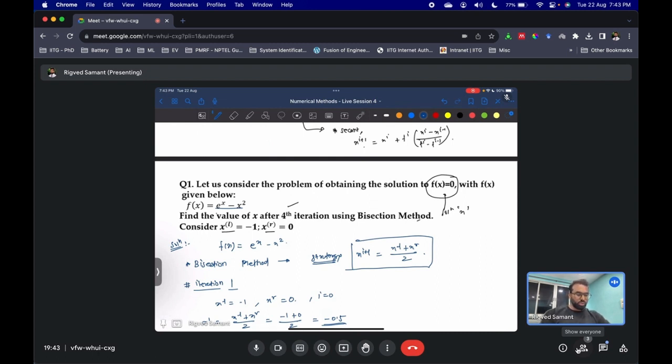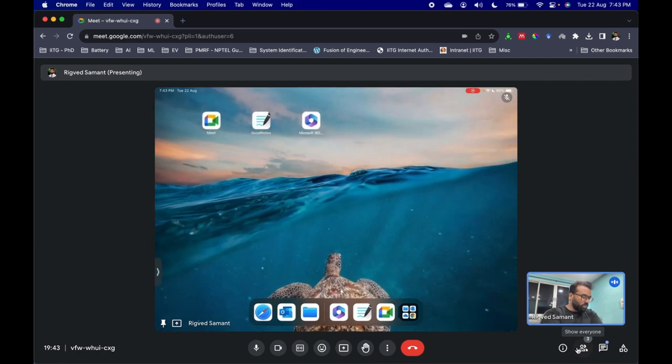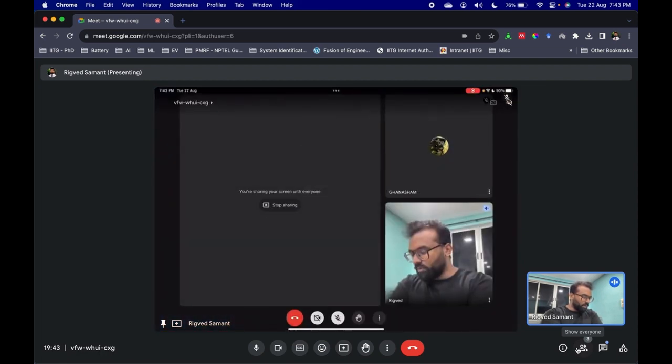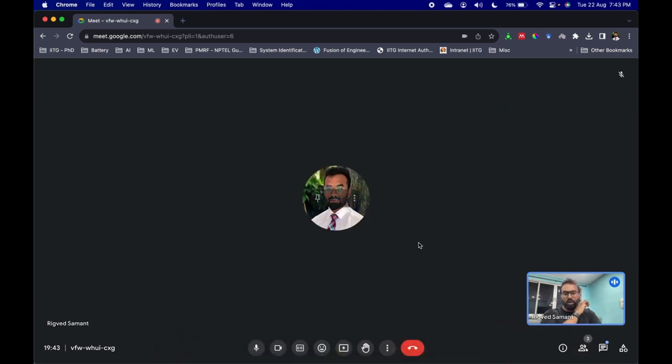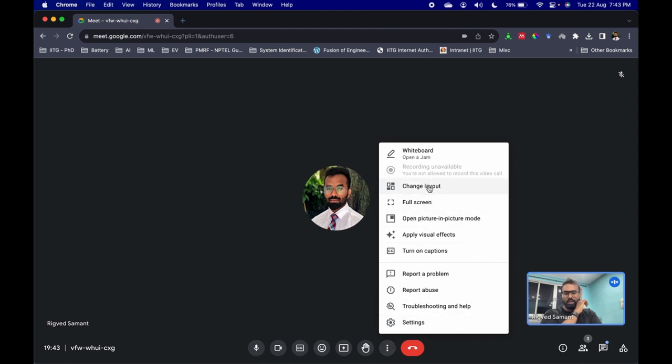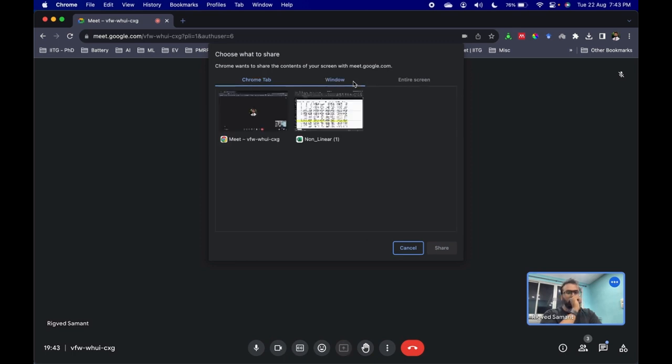So this is how you solve by hand. I'll just demonstrate it in a better way so that you will have a better feel of it. We'll see how it is done using an Excel sheet, so let me just share my Excel with you.